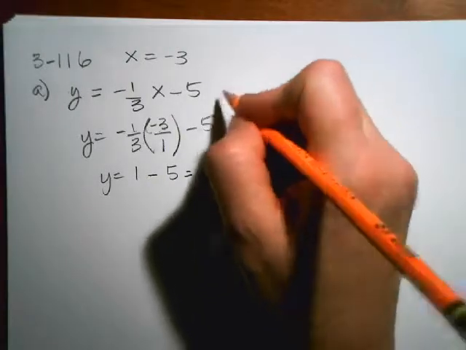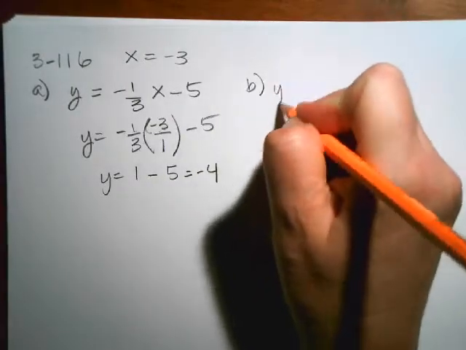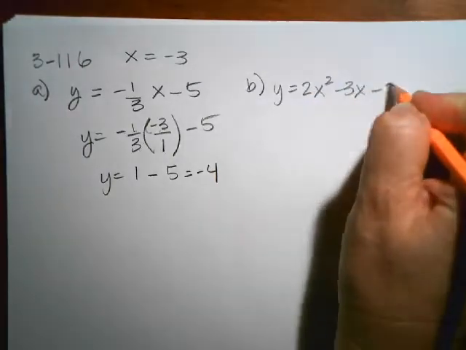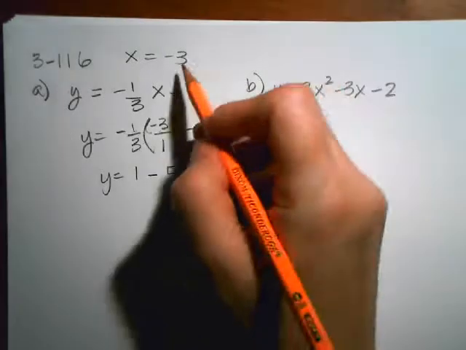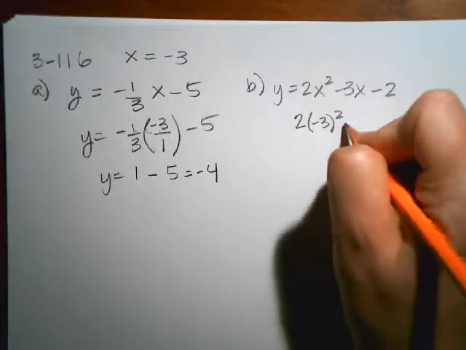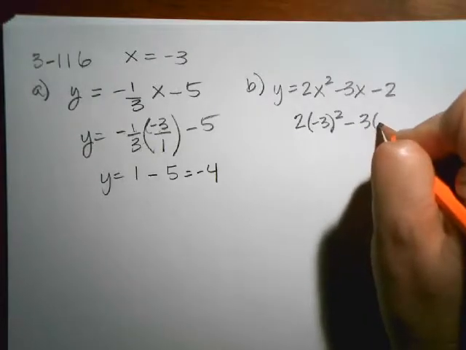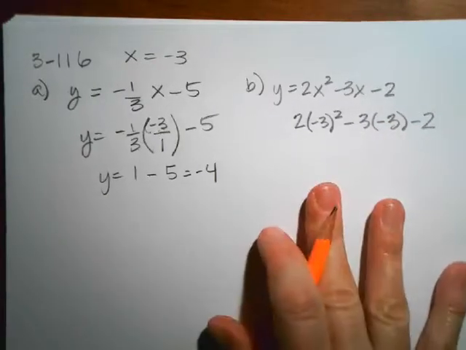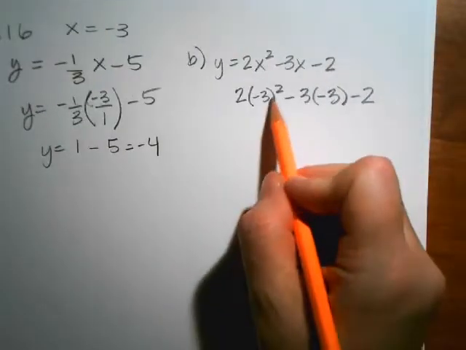Okay, part B. If x is -3, I would have 2 times -3 squared minus 3 times -3 minus 2. Okay, order of operations, I need to do exponents.